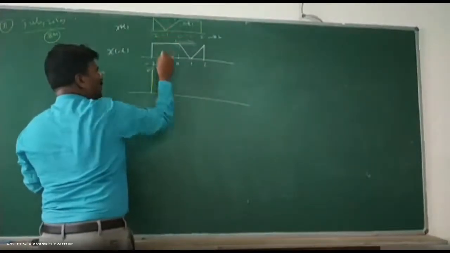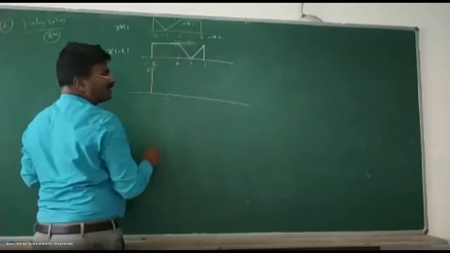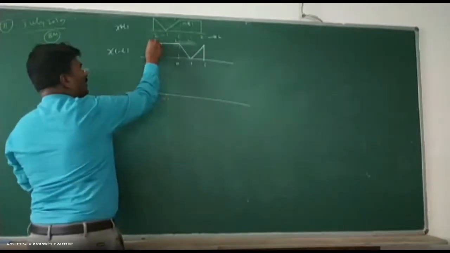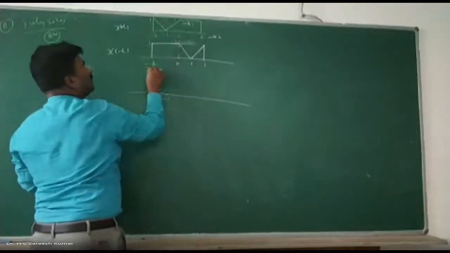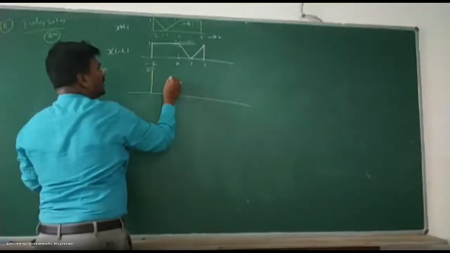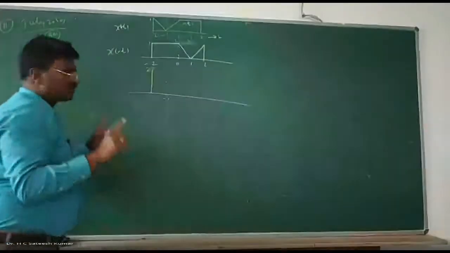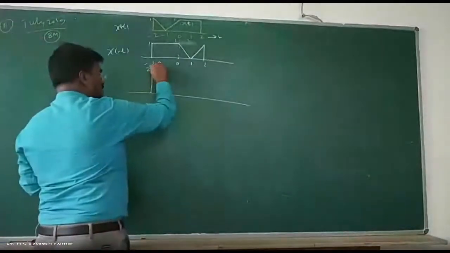Up to 1 only you should do it. Go to endpoints. What is the value? 1 plus 1 is 2. And this is 0. 0 plus 1 is 1. Constant plus decrease is decrease. First you fix the endpoints and decrease it up to 1. So this is decreasing.